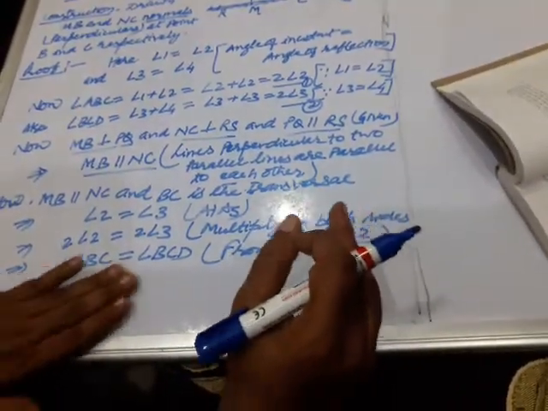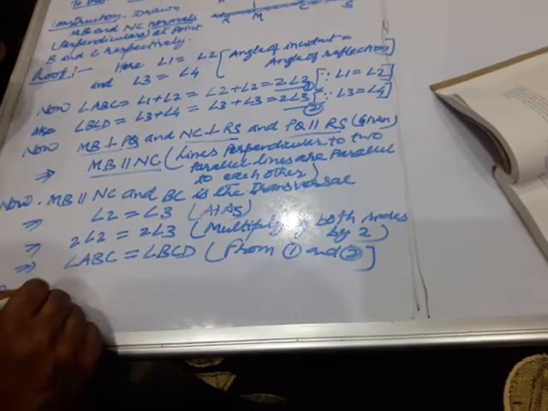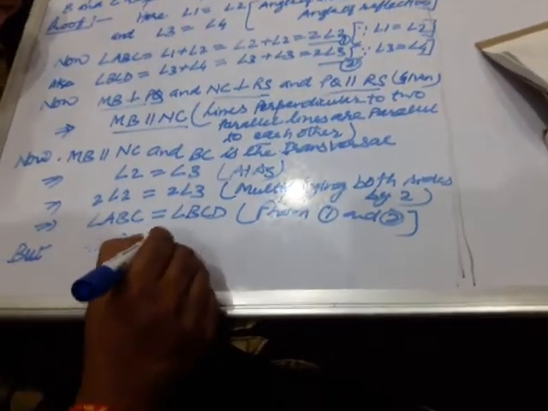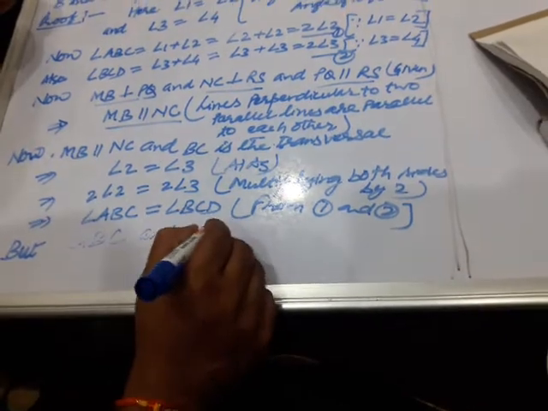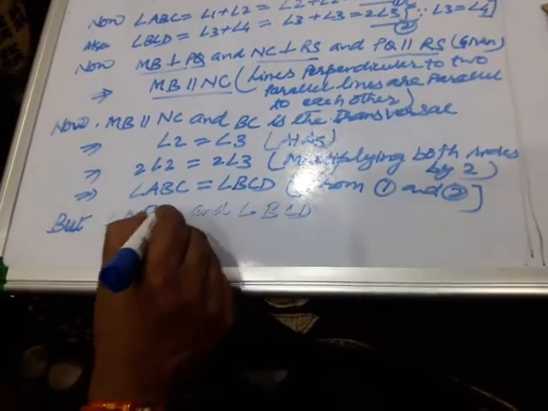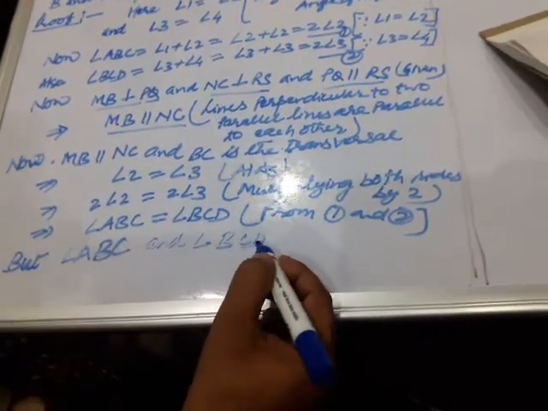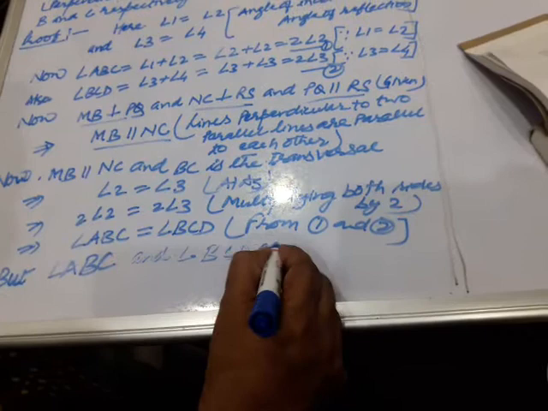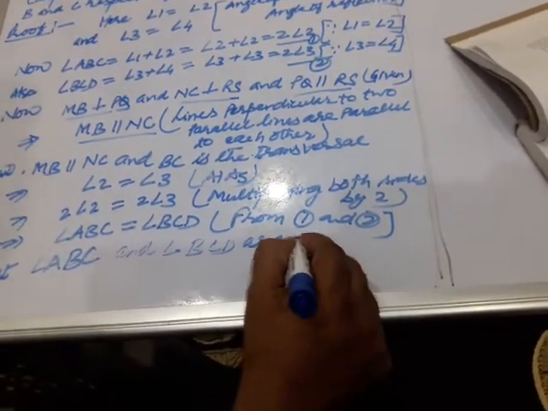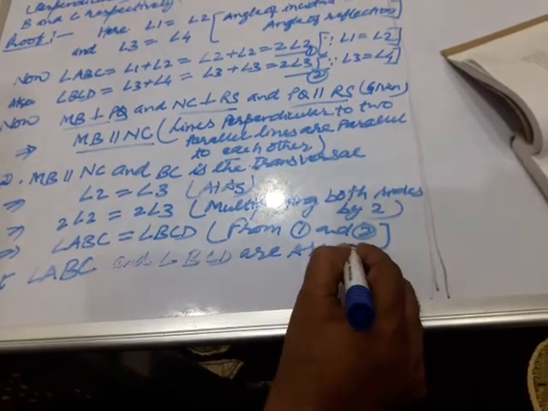Here angle ABC and angle BCD are alternate interior angles.